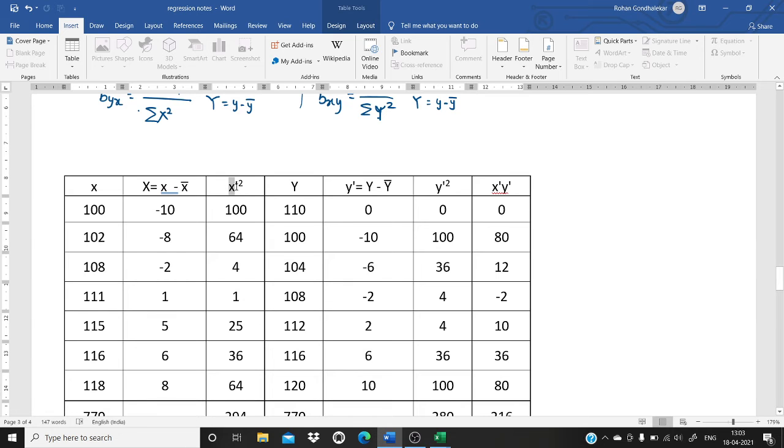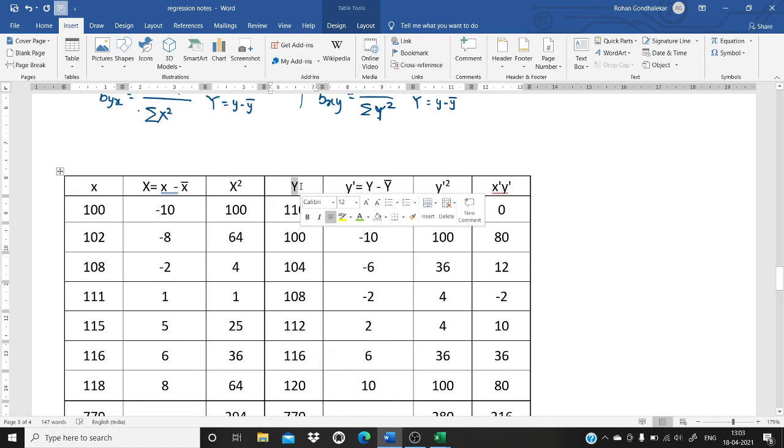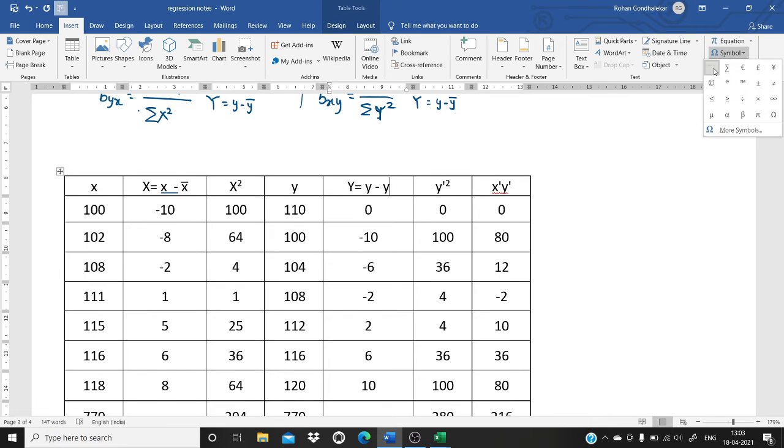Then this is capital X square. Then this is my small y. This is my capital Y, which is equal to small y minus small y bar. The next is capital Y square, and finally capital X into capital Y.